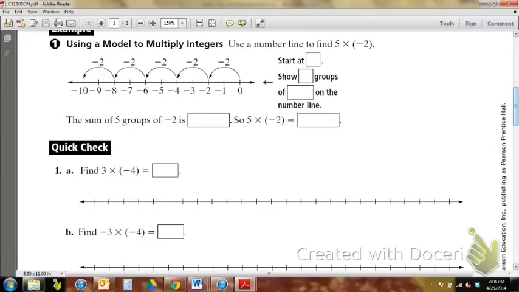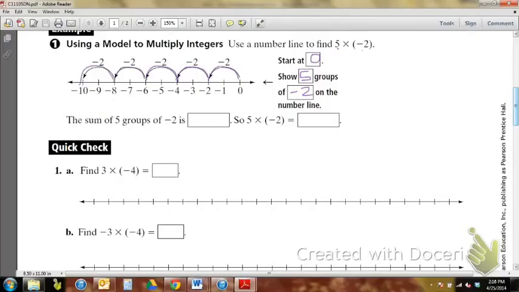So we're going to show you this on a number line. So if we're going to do 5 times negative 2, you're going to start at 0. You're going to show 5 groups of negative 2 on the number line. So here's one group, 1, 2, 3, 4, 5.